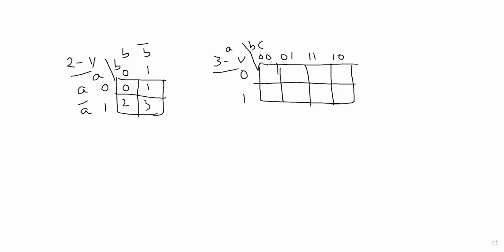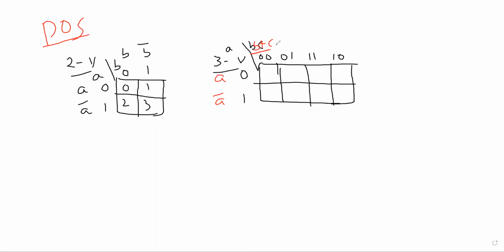But the representations are different for product of sums. Don't forget we are observing the K-map for product of sums here. It will be A, it will be A complement. Then here you have to write B plus C.